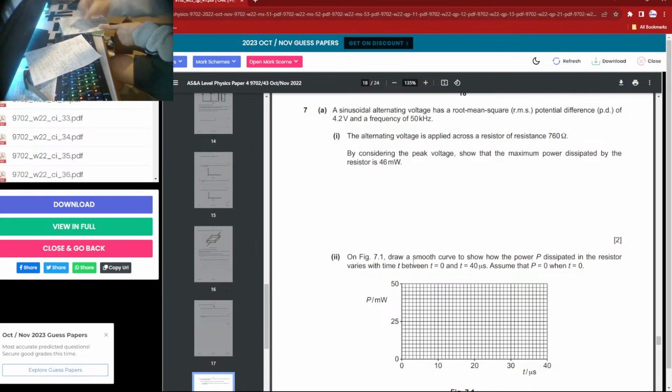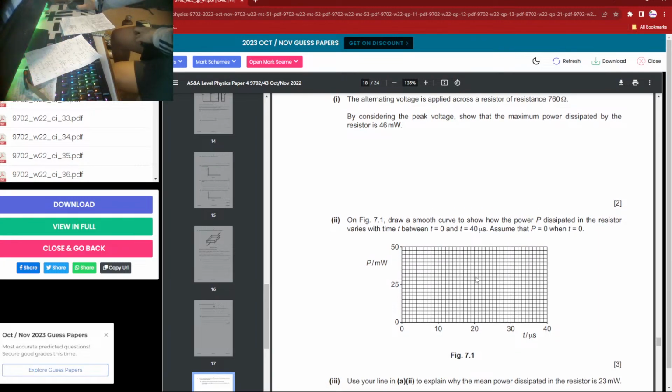So for number 2, on figure 7.1, draw a smooth curve to show how the power P dissipated in the resistor varies with time t.